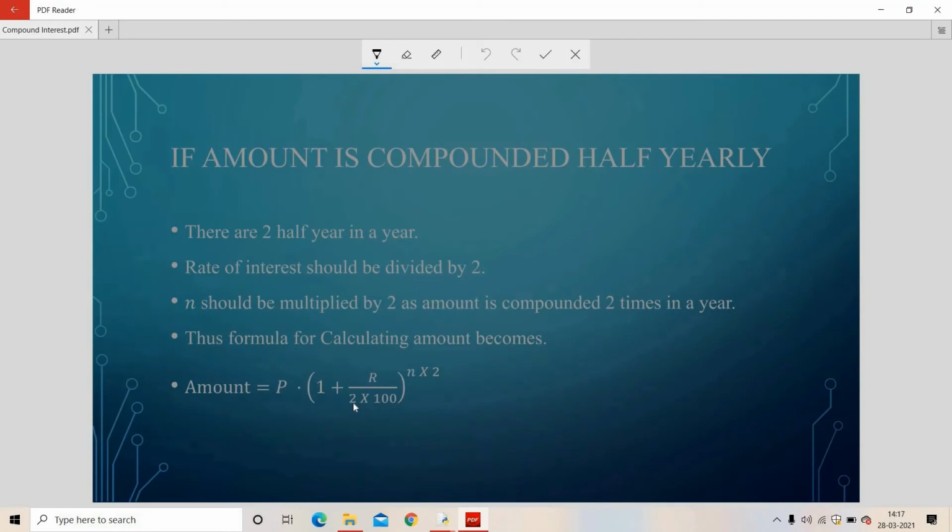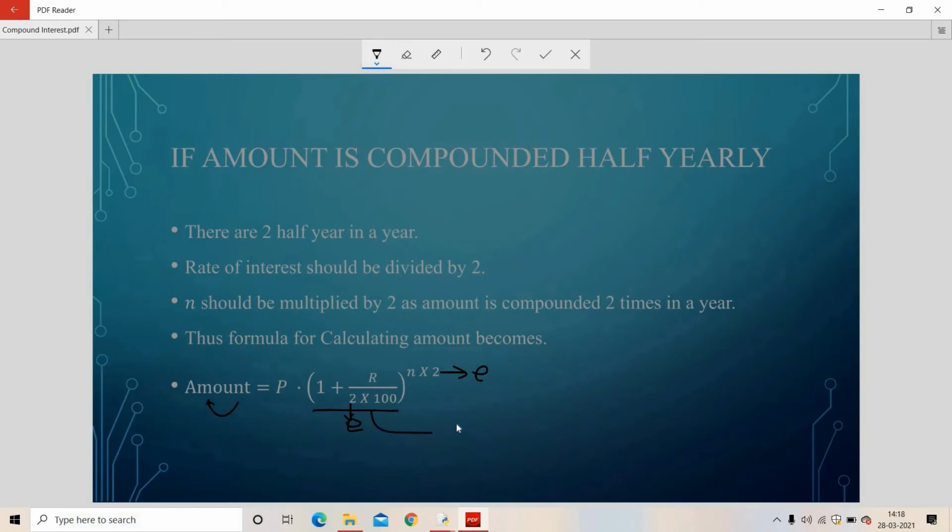To compute amount, we have taken input from the user as 1, 2, 3, 4, 5, 6 and we have stored this in variable e. So we have to replace this 2 by e and this 2 by e to calculate amount.